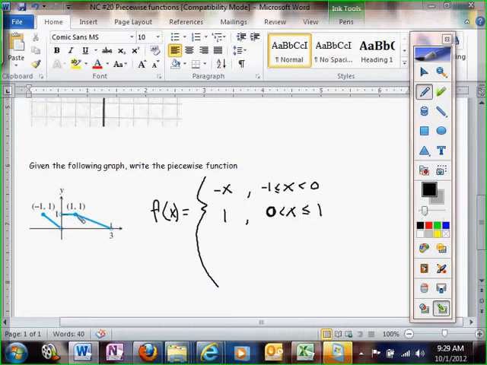And now it looks like I have another linear function here going from here to here, and I need to come up with the equation for this. And this might take a little bit extra work. If I want to talk about this function in y equals mx plus b form, you should be able to tell right away that my slope is negative because it's going down from left to right.